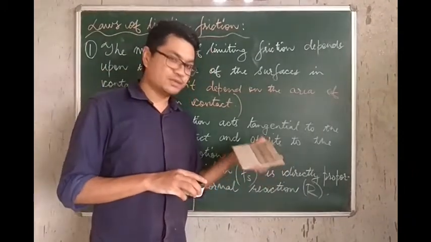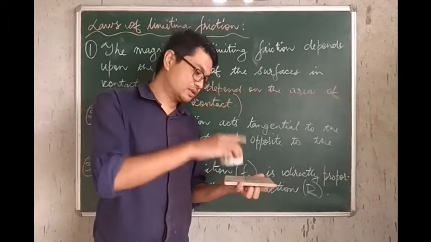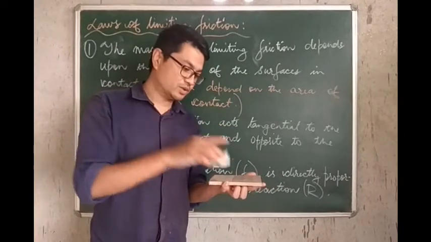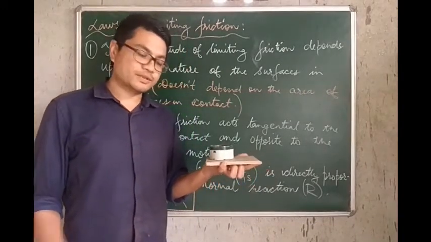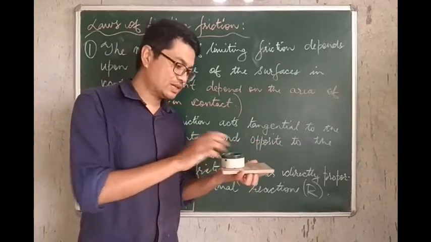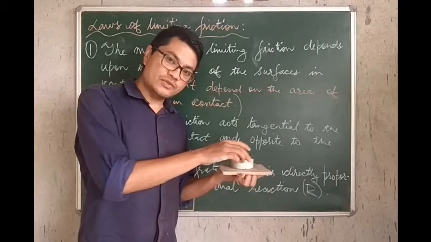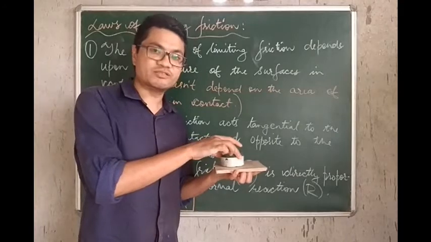So I have this piece of tile over here, and I have this small glass box. So I have this tile here and I have this glass box. Now, there is a certain value of force of friction that acts between these two surfaces when they are in relative motion.